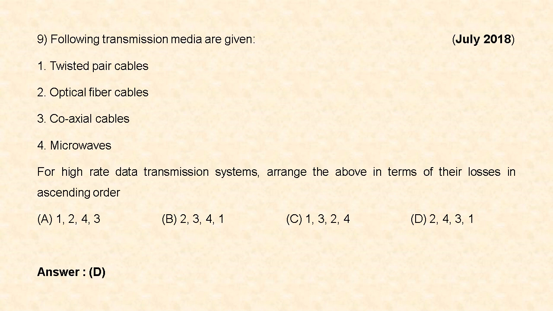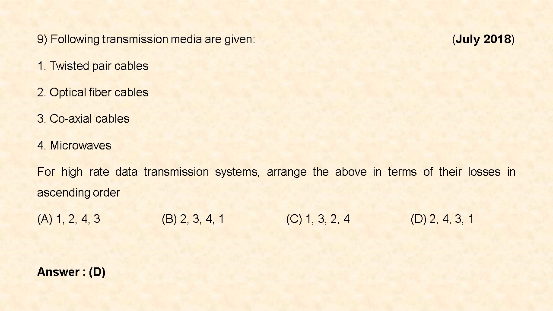Next question. This question was also asked in July 2018. Following transmission media are given: twisted pair cables, optical fiber cables, coaxial cables, microwaves. For high rate data transmission system, arrange the above in terms of their losses in ascending order.